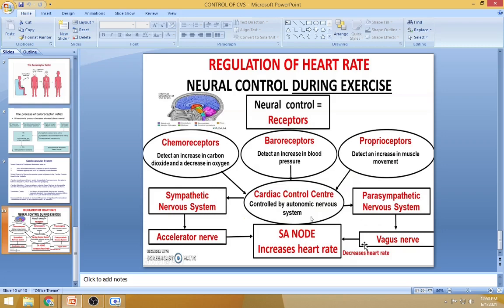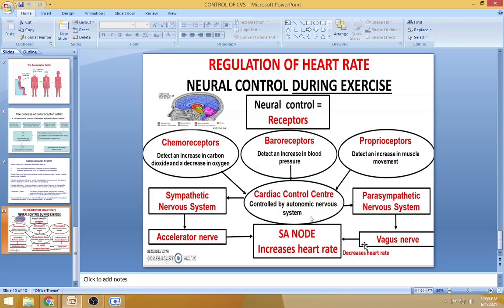All right, and to meet the demand, the cardiac control system would have an effect on the sino-atrial node, resulting according to the need in either an increase or a decrease in heart rate.